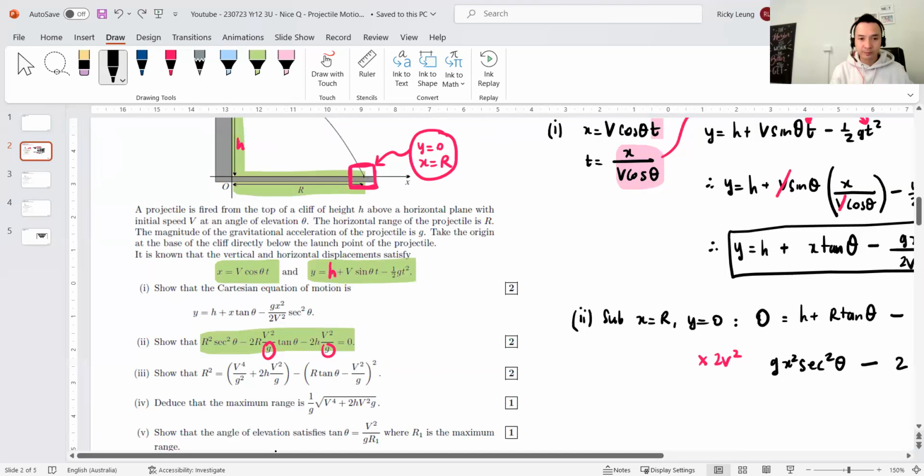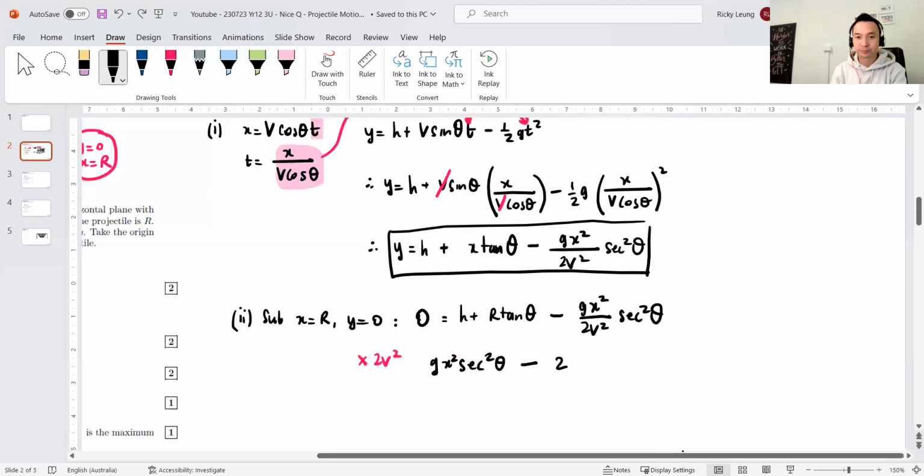Let me have a quick look. Yep, 2r v squared tan, and then minus h v squared 2, equals 0.